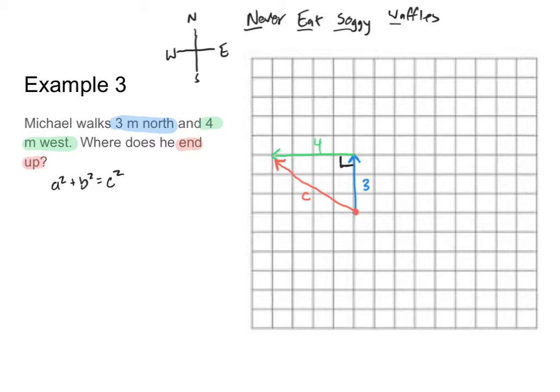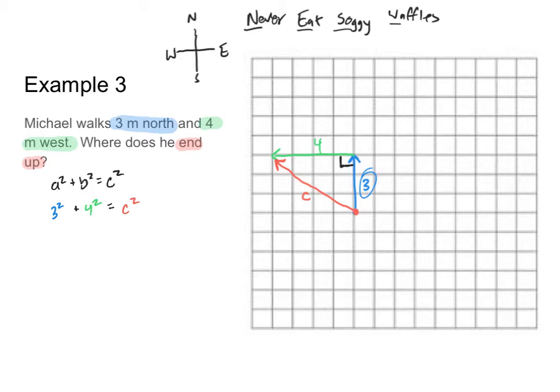So let's go ahead and figure out the length of that vector. So we've got a squared, and I'm going to say a squared is that 3. It doesn't really matter which I pick for a or b. So a squared plus b squared, so plus 4 squared, is equal to c squared, where c is, again, my hypotenuse, and is the distance that I am from my initial position.